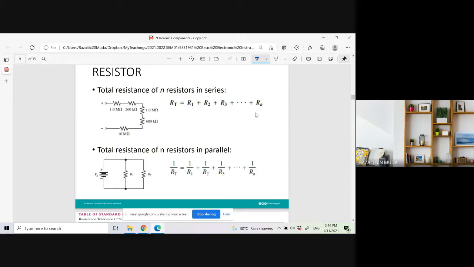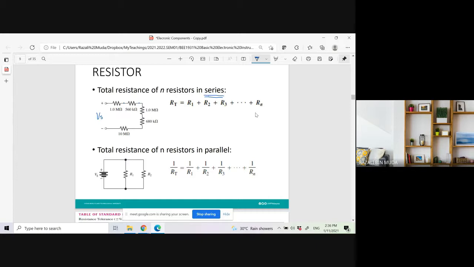Meaning you connect resistor 1, resistor 2, resistor 3, resistor 4, resistor 5 connected in series, and then you connect to the power supply. This is the simplest form of connection.